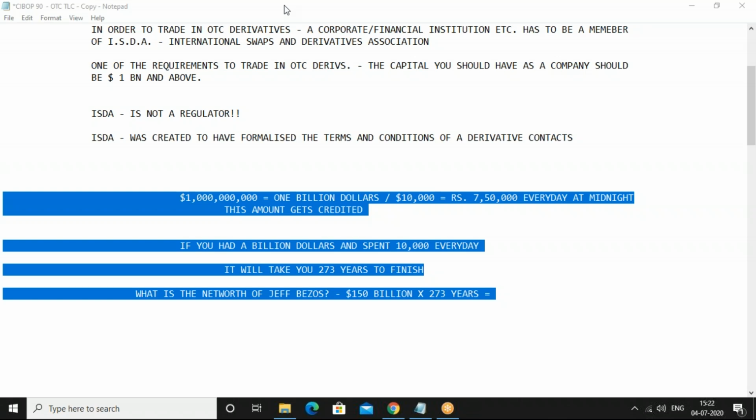Now, let's come back to the topic. Are we clear on what products trade on the OTC? Then we'll talk about the steps now, and what is ISDA and what does it do? Are we clear with this?